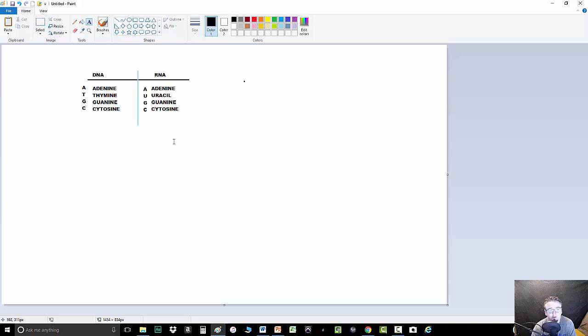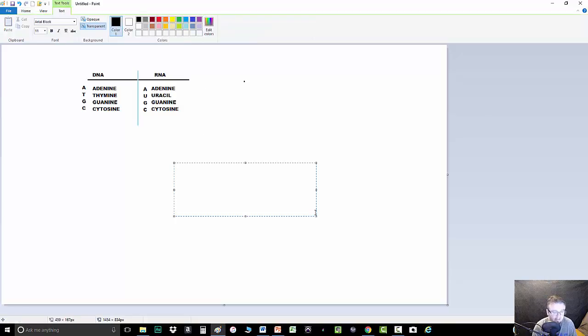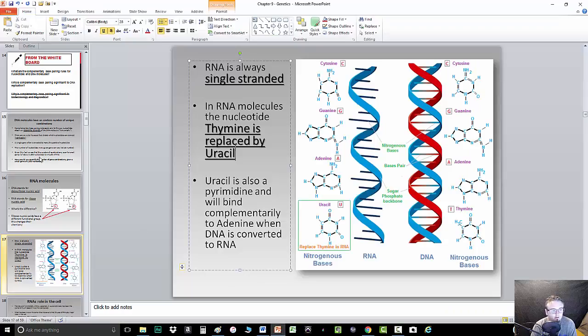And so in this case, when it comes to RNA base pairing with DNA, it turns out that adenine is complementary to uracil. So anywhere you would see DNA and RNA interact, you would see the uracil complement with the adenine. So you wouldn't see the thymine. It just replaces the thymine with the uracil.